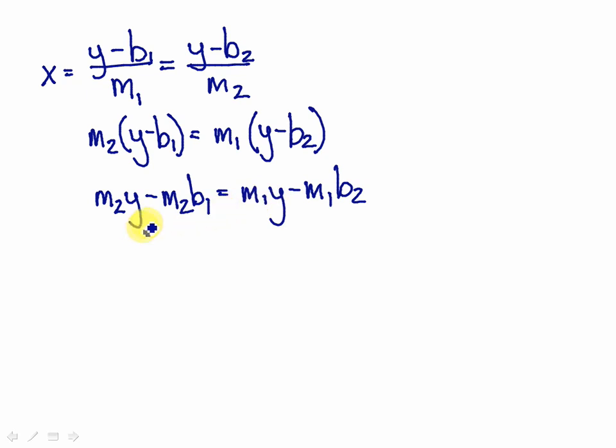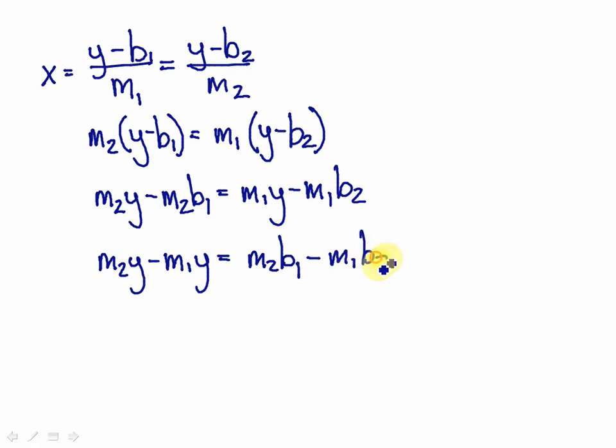To get the y on the same side of the equation and the other stuff on the other side, I'm going to subtract m1y from both sides and add m2b1 to both sides. And what I'll end up with is m2y minus m1y equals m2b1 minus m1b2.